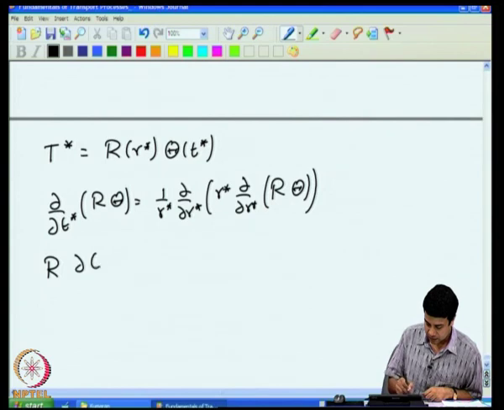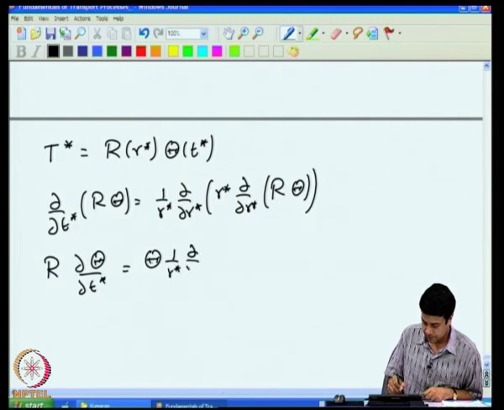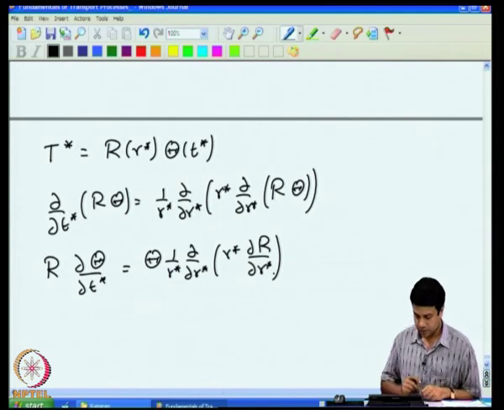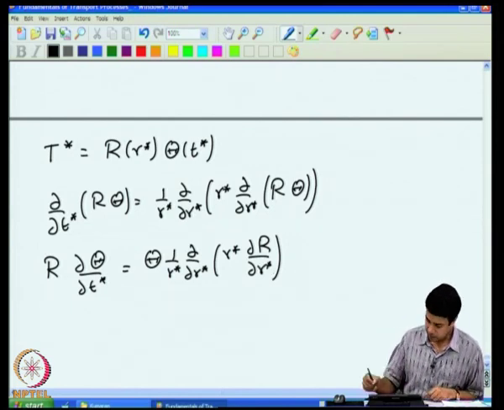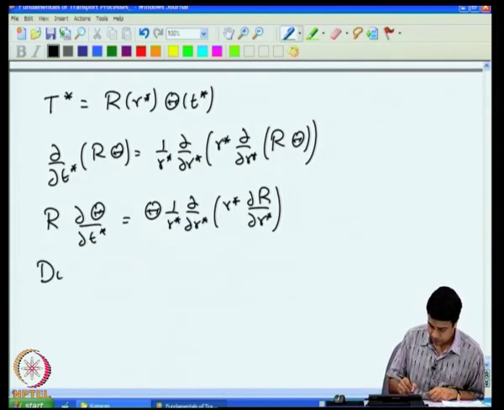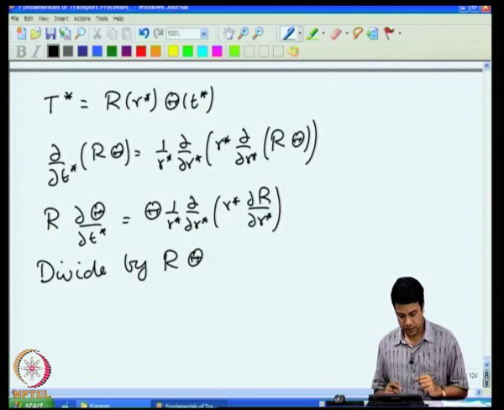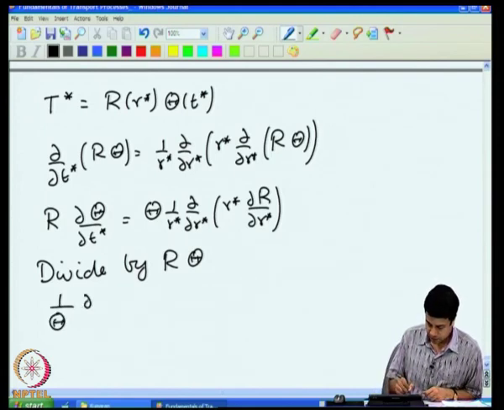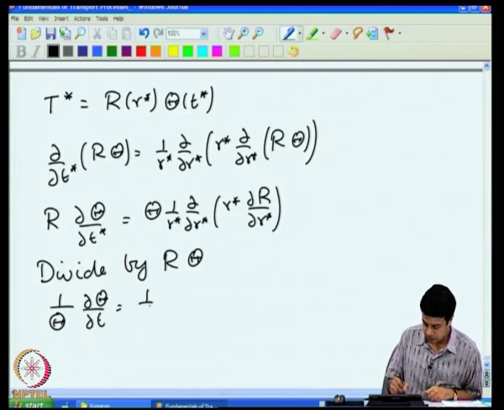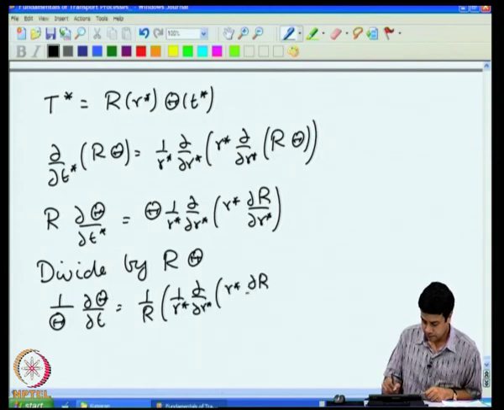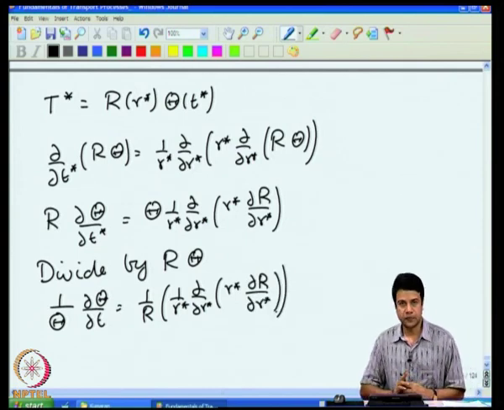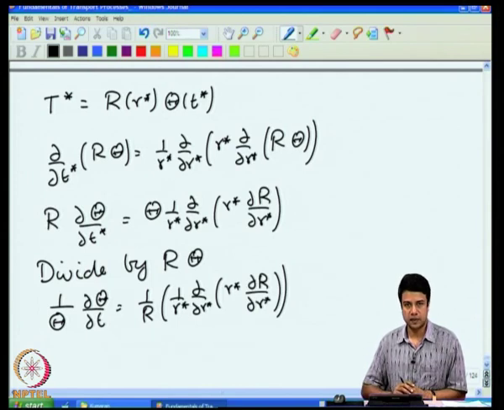So, R d theta by dt is equal to theta times 1 over r d by dr of r dR by dr, and divide throughout by R times theta, to get 1 over theta d theta by dt is equal to 1 over R into 1 over r star d by dr star of r star dR by dr star.